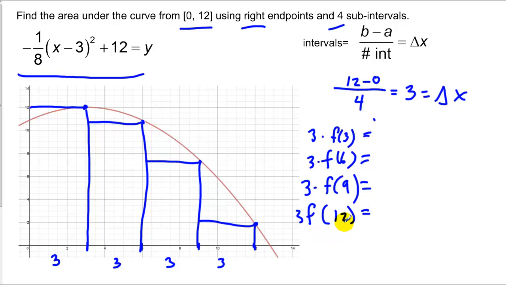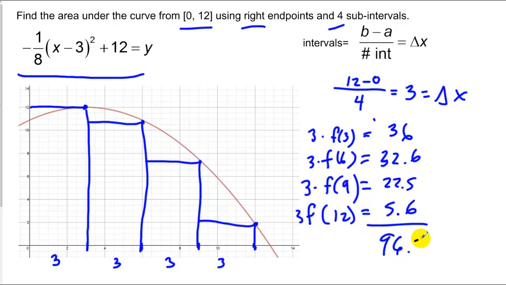Those values are as follows: 36, 32.6, I'm just going to round to the 10th, 22.5, and about 5.6. And that's going to get me a total of about 96.7.